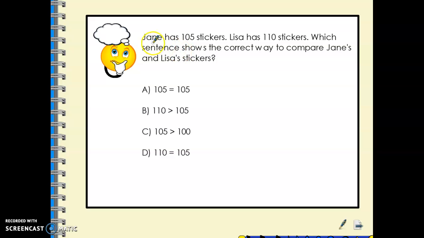This problem says Jane has 105 stickers. Lisa has 110 stickers. Which sentence shows the correct way to compare Jane's and Lisa's stickers? So we know Jane has 105 stickers and Lisa has 110 stickers.